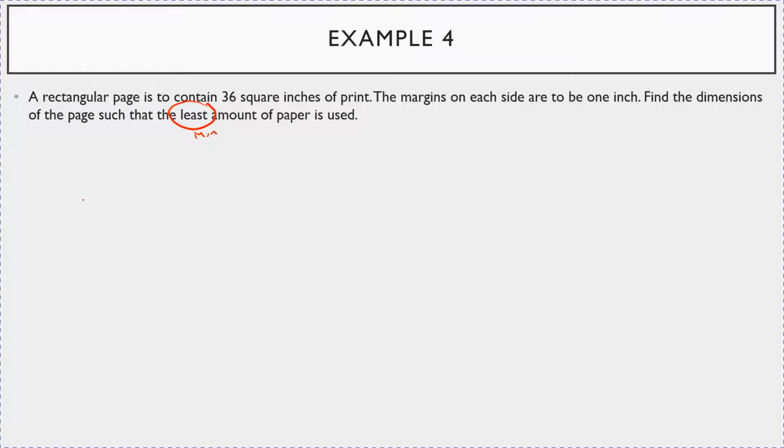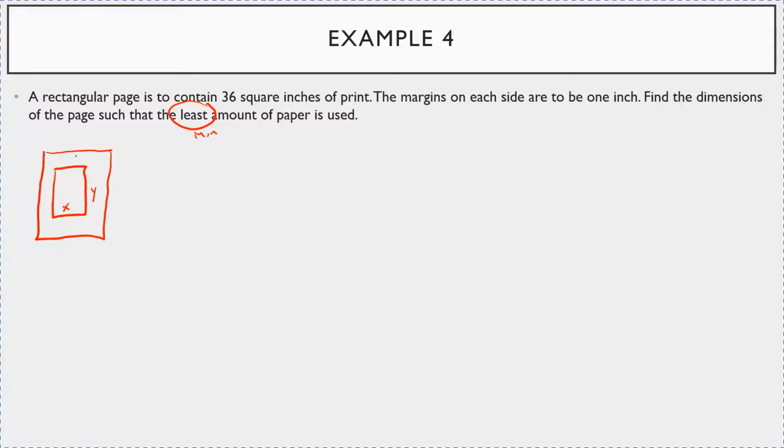So for this, I actually find that a drawing helps. So a rectangular page. This is the print area, x and y. And then they have 1 inch margins around it.